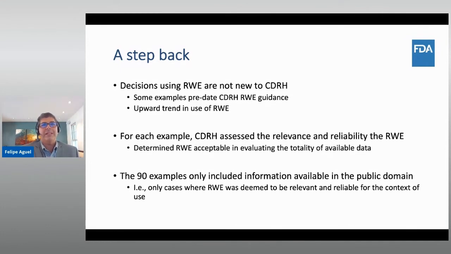For each of the examples published, CDRH assessed the relevance and reliability of the real-world evidence and determined that it was acceptable in evaluating the totality of the available data.